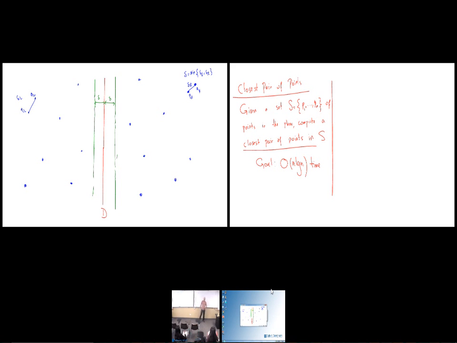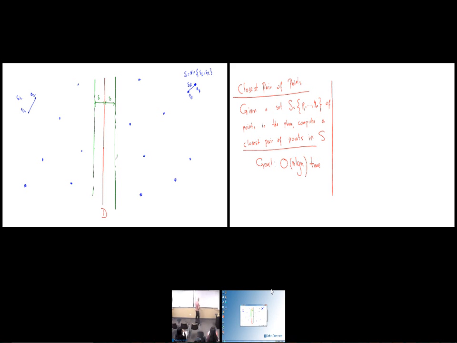So the question that we want to ask ourselves here is, even though we could possibly have a linear number of points that live inside here, do we have to compute the distance between every point and every other point here, or can we still take advantage of what we've done before in the geometry to confine our search to a limited number of pairs, and how?